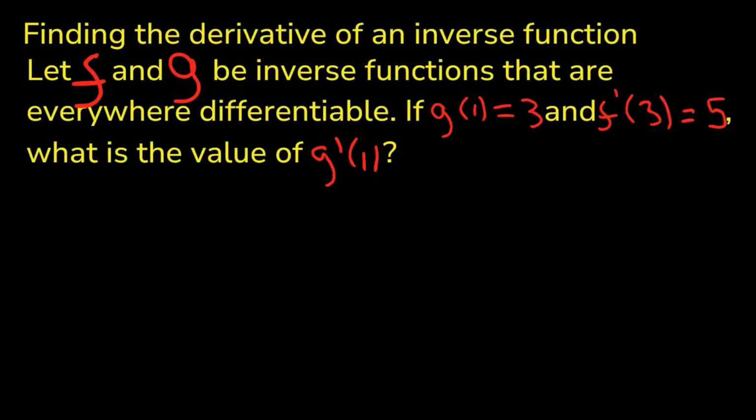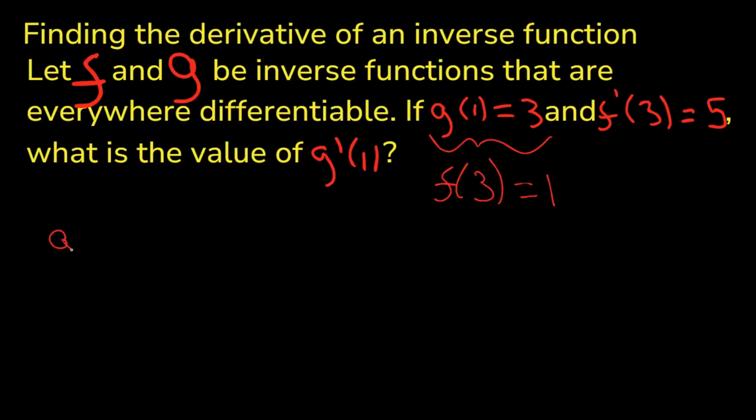Here's another way you may see a problem come up that involves inverse functions. If we say f and g are inverse functions that are everywhere differentiable, if g of 1 equals 3, f prime of 3 equals 5, what is the value of g prime of 1? So a couple things here to note is that if g of 1 equals 3 and f and g are inverses, then we automatically know that f of 3 equals 1.